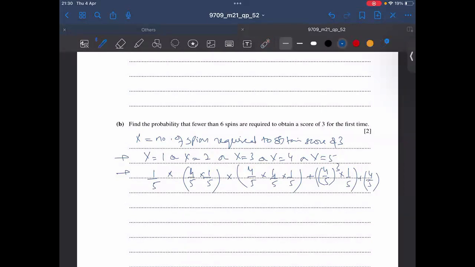We would have modeled this as a binomial distribution and solved that. All right. So 4/5 to the power of 4 into 1/5 is going to be then 0.2.